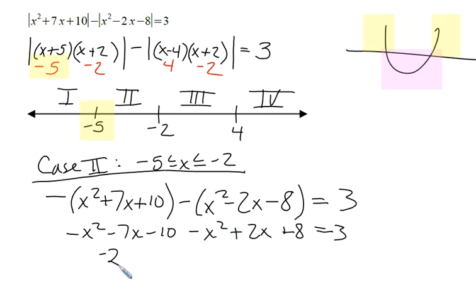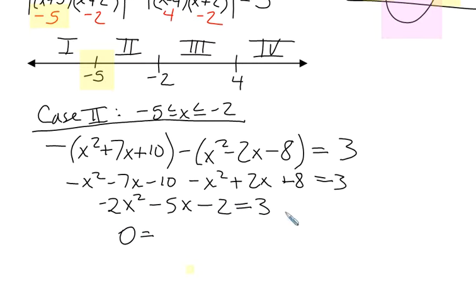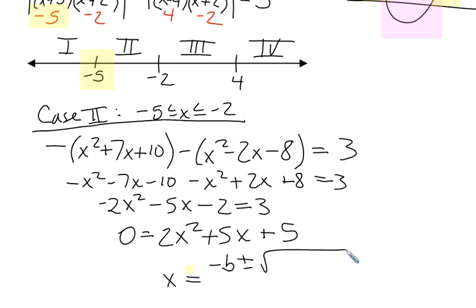So we're going to have negative 2x squared minus 5x minus 2 equals 3. Personally, I like the x squared to be positive, so I'm going to bring everything over to the right-hand side. 2x squared plus 5x plus 5, it looks like. In general, the best way to solve that is through the quadratic formula, where x is equal to negative b plus or minus the square root of b squared minus 4ac all over 2a.